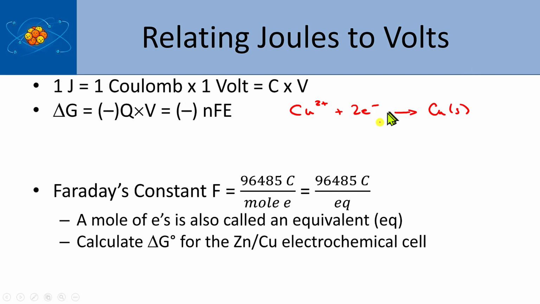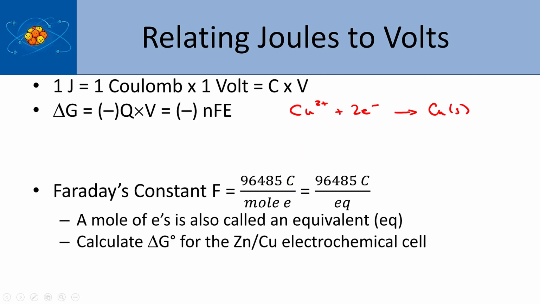Now, when I'm looking at C times V, how does it relate to this reaction? And indirectly, this is how it relates. The unit for charge that a chemist knows is the electron. The unit of charge that the physicist knows and the electrochemist knows is called a coulomb.